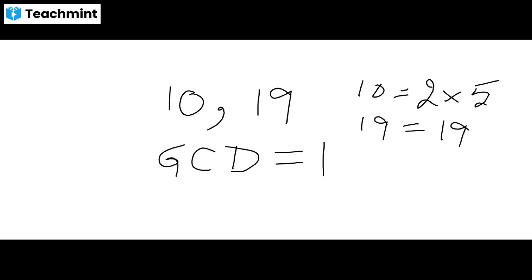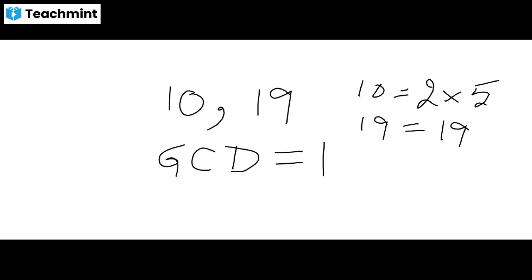Because we learned just now, we took the example of 20 and 30. GCD is the factor which is common in both. Common factor, the one which is only common. But here we don't have any factor common. But in fact, 1 is a factor of any number.